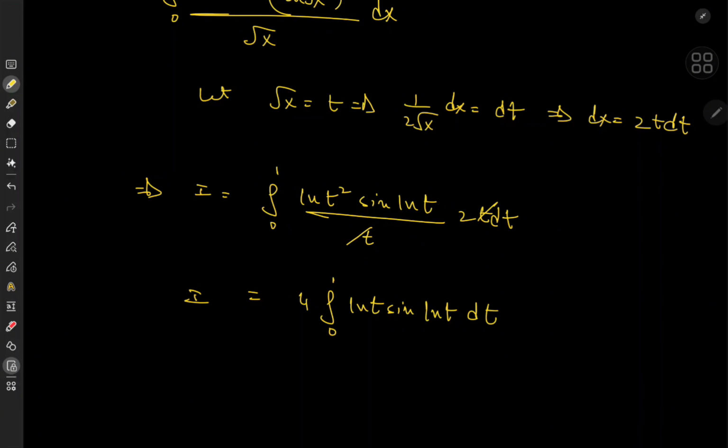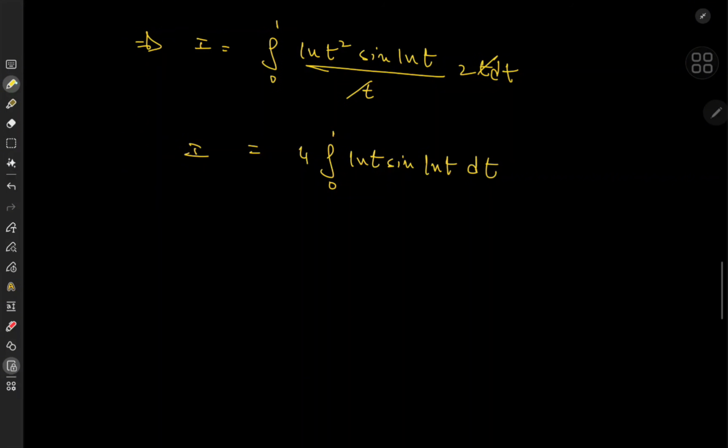And we have evaluated a similar integral before, so I'm just going to invoke some recall. Recall that the integral from 0 to 1 of t to the alpha minus 1 times sine of log t dt converged to 1 over alpha squared plus 1.